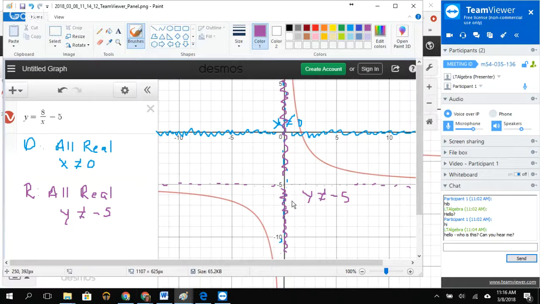Okay, so why can y not equal -5? Well, let's put it into our equation and see. Our equation is y equals 8 over x minus 5. So we're saying y cannot be -5. That does not work. If I put -5 equals 8 over x minus 5, and I add 5 to both sides of my equation, I get 0 equals 8 over x.